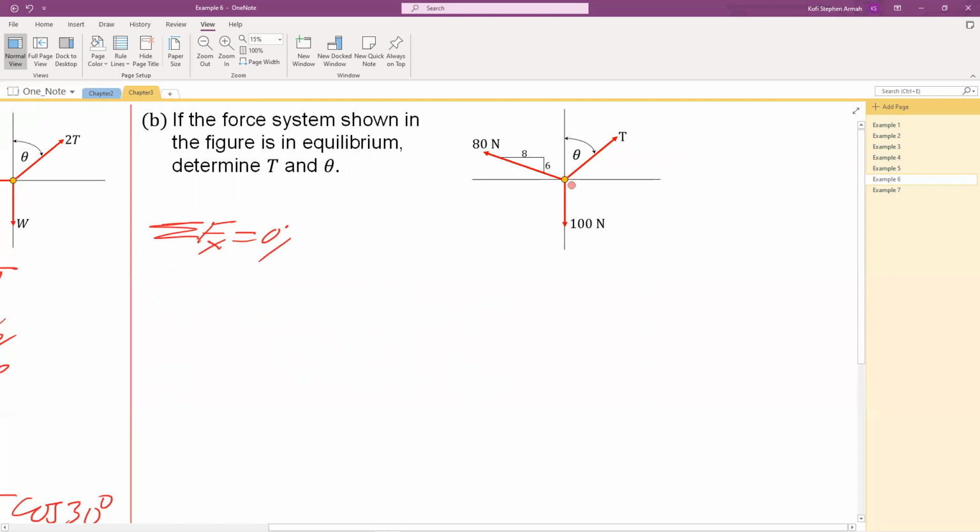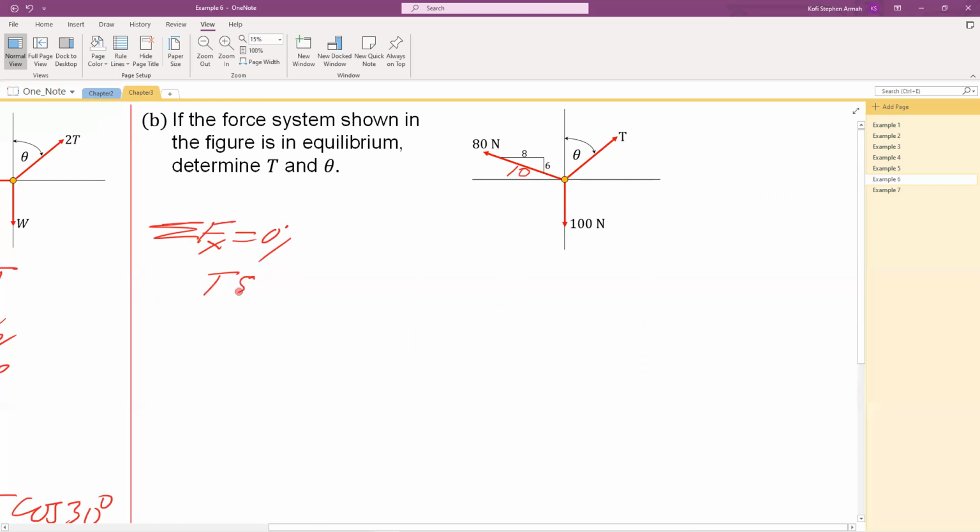So I'll get, for T, this is the cosine, that is the sine. For this one, the 8 is here, so this is 6, 8, and that is 10. So I'll get what? T, that is a cosine, so that is the sine.